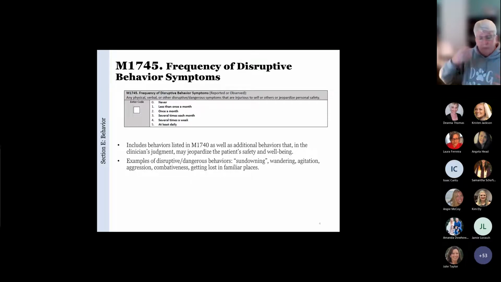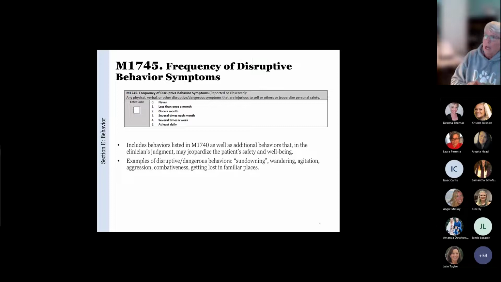So this could be something that the clinician might have seen or something that was told to them by the patient's family. So this includes behaviors such that in the clinician's judgment may jeopardize the patient's safety and their well-being. So this could include things such as sundowning, wandering, agitation, aggression, combativeness, getting lost in familiar places.